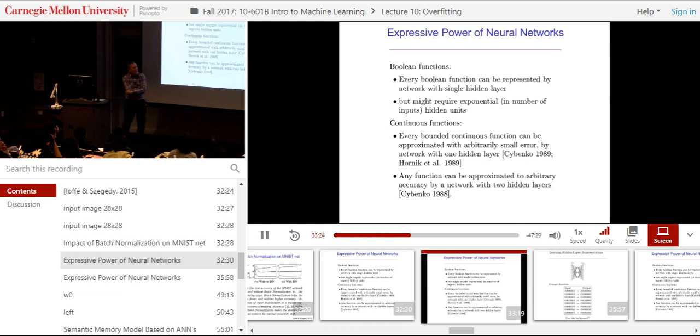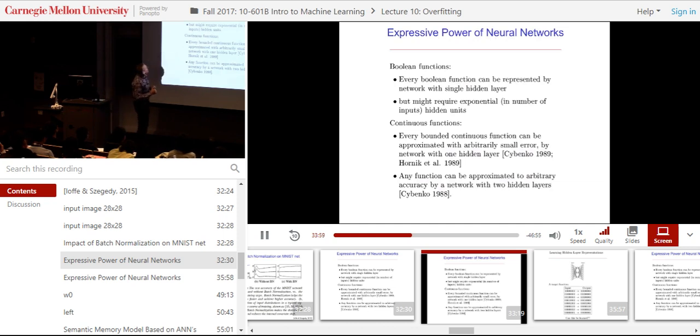If you're an electrical engineer, you probably already know this from your circuit design class, because it's also widely known that you can design circuits that are only 2 gates deep if you want to implement any Boolean function. However, you might need an exponential number of hidden units in that 2-layer network. When I say exponential, I mean exponential in the number of inputs to the network.